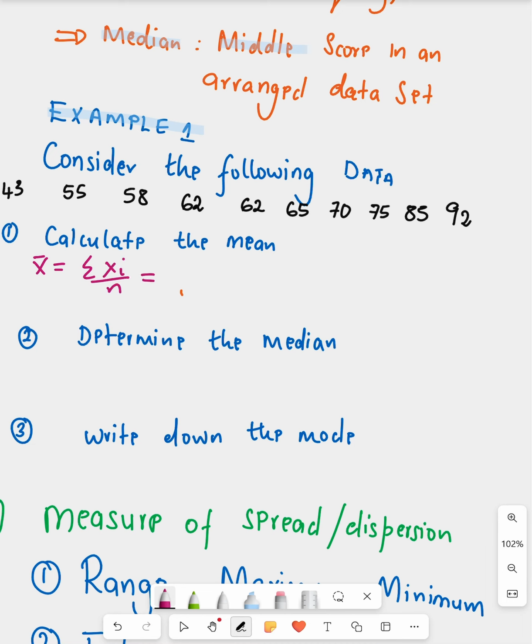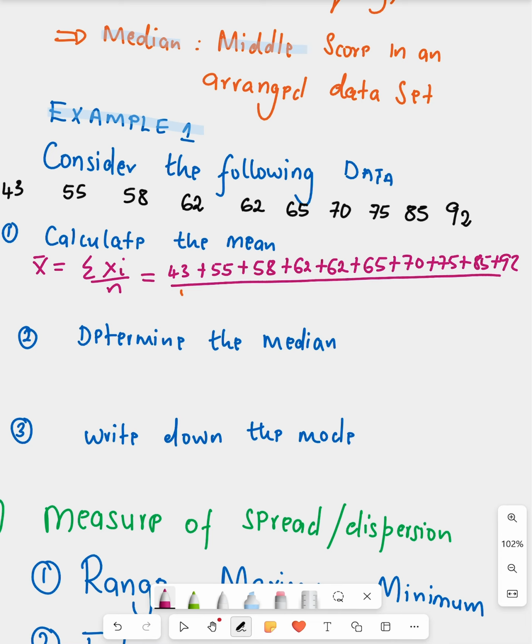So if we add all these numbers, we have 43 plus 55 plus 58 plus 62 plus 62 plus 65 plus 70 plus 75 plus 85 and then plus 92, and then you divide by 10. How many numbers are here? There are 10, so we divide by 10.